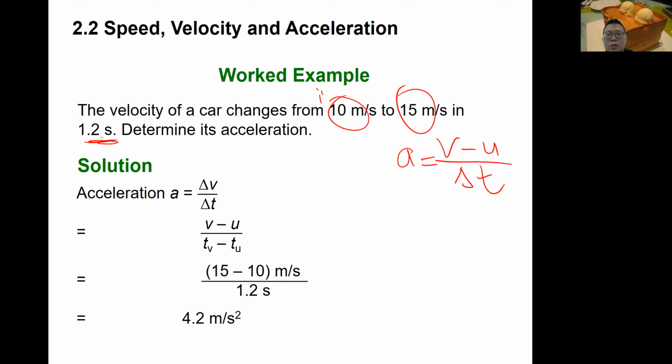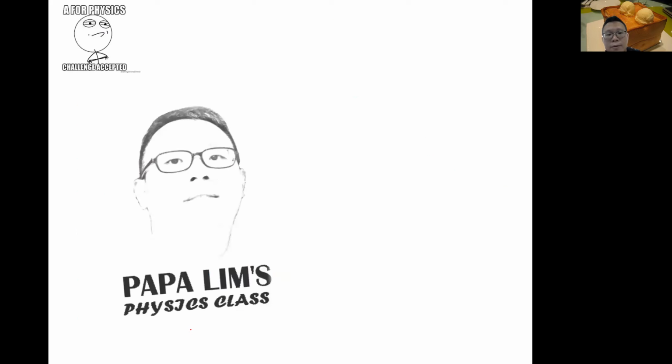Remember, this is my initial and this is my final speed. It's a classic example of final minus initial, divided by final time minus initial time. If you plug the numbers in, you get the answer straight away. I don't think it's complicated, just be careful about the math.